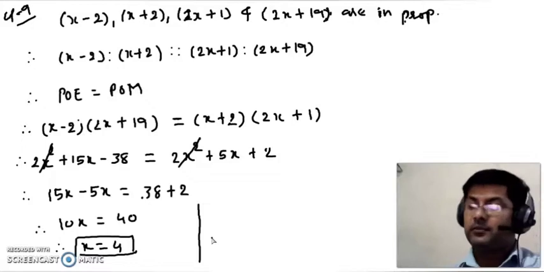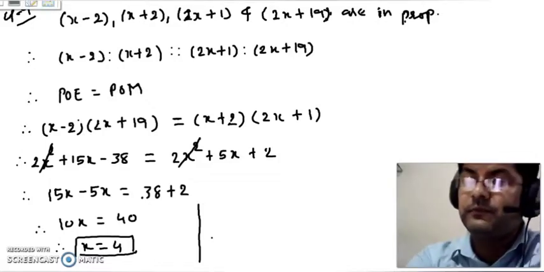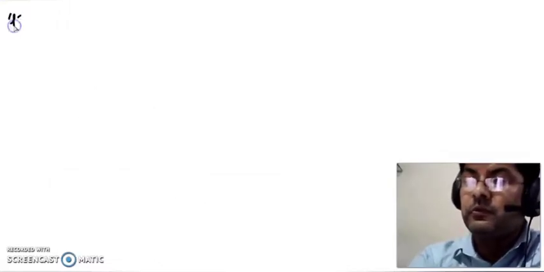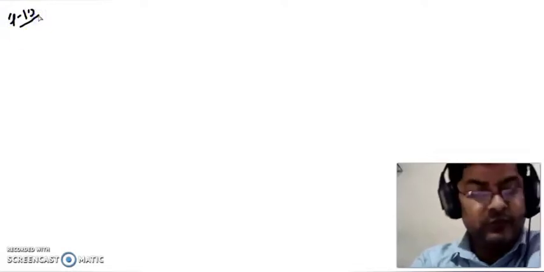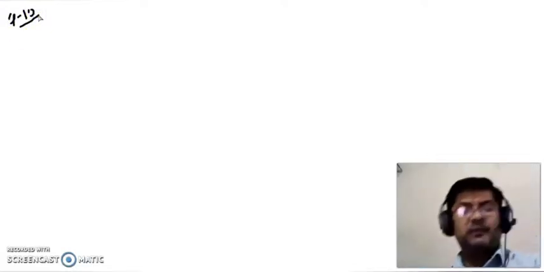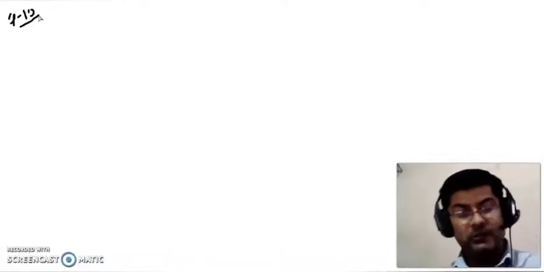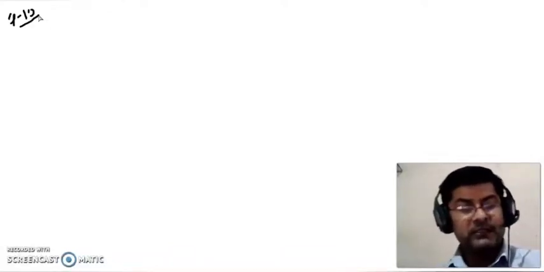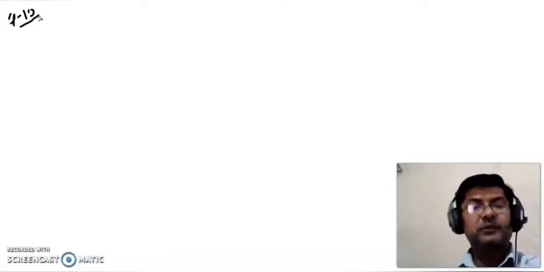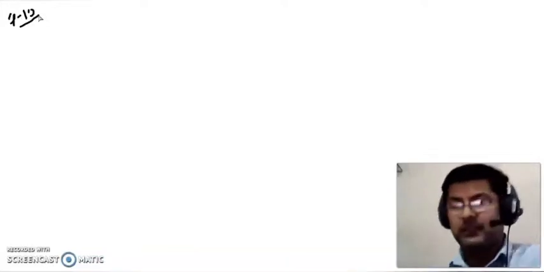Again let us solve question number 10 now. It is given that x plus 5 is the geometric mean. Geometric mean is equal to mean proportional only. So x plus 5 is the geometric mean between the two numbers x plus 2 and x plus 9.